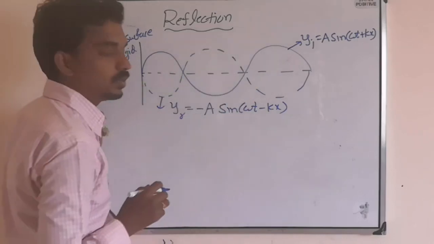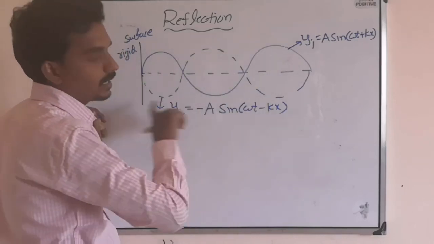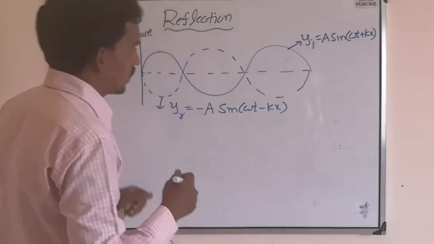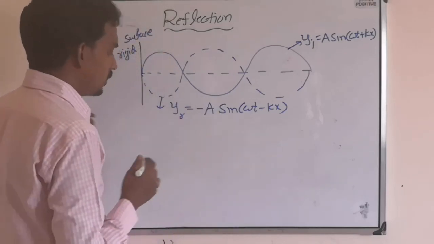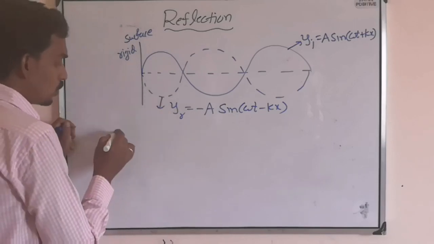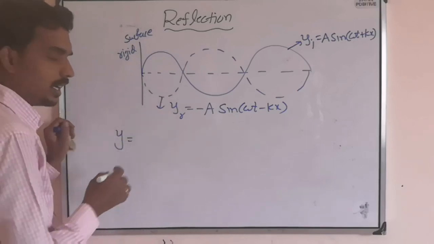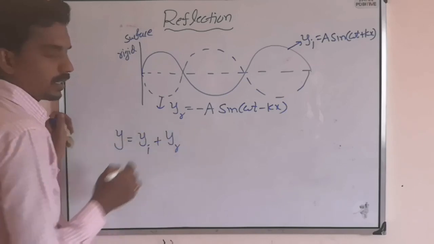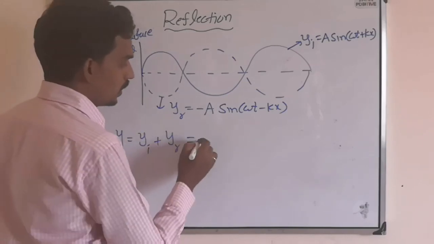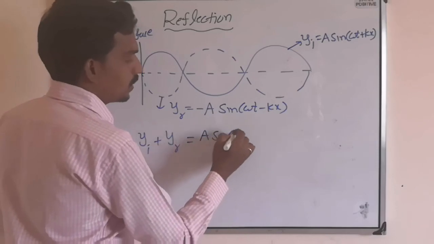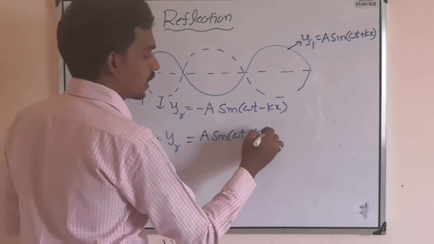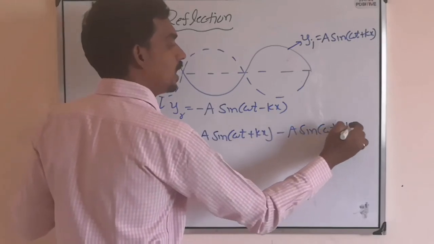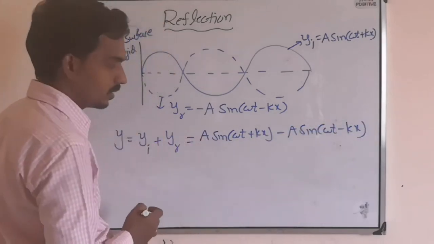Now these are the two equations, incident and reflected. These two waves are superimposing. The resultant wave will be incident plus reflected, that is equal to A sin(omega t plus kx) minus A sin(omega t minus kx).